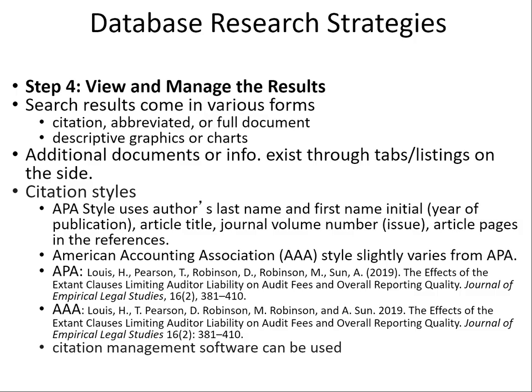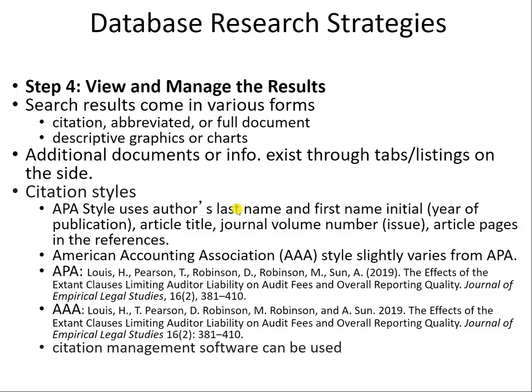If we use a source, we need to provide a proper citation. So we have to follow a certain format to put those citations, and there are various formats we can follow. For example, we have the APA style.